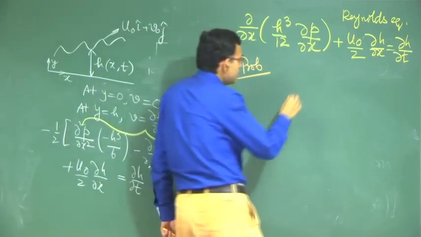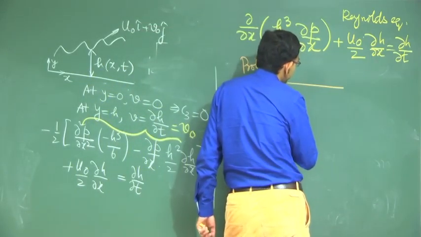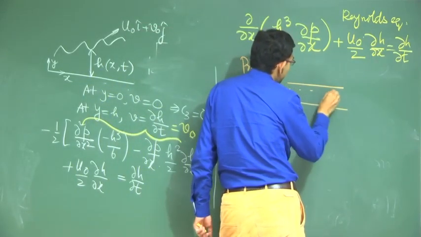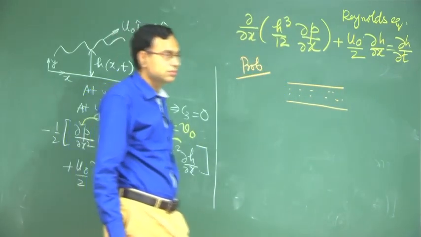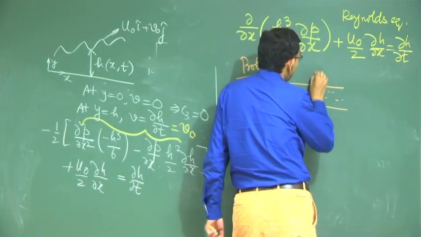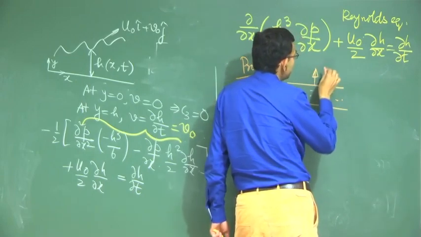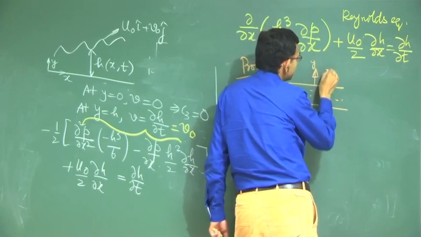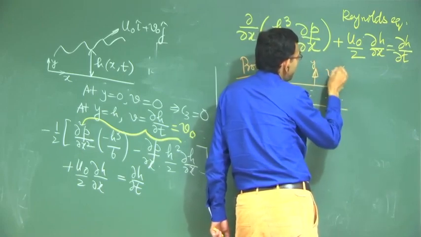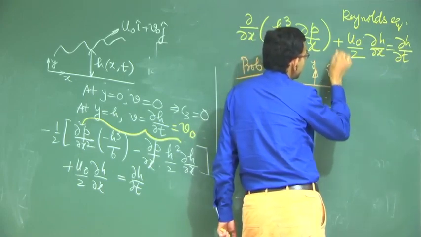Let us say that there are two plates and there is a layer of viscous fluid in between these two, and the top plate is moved in the y direction with a dimensional velocity, this one.